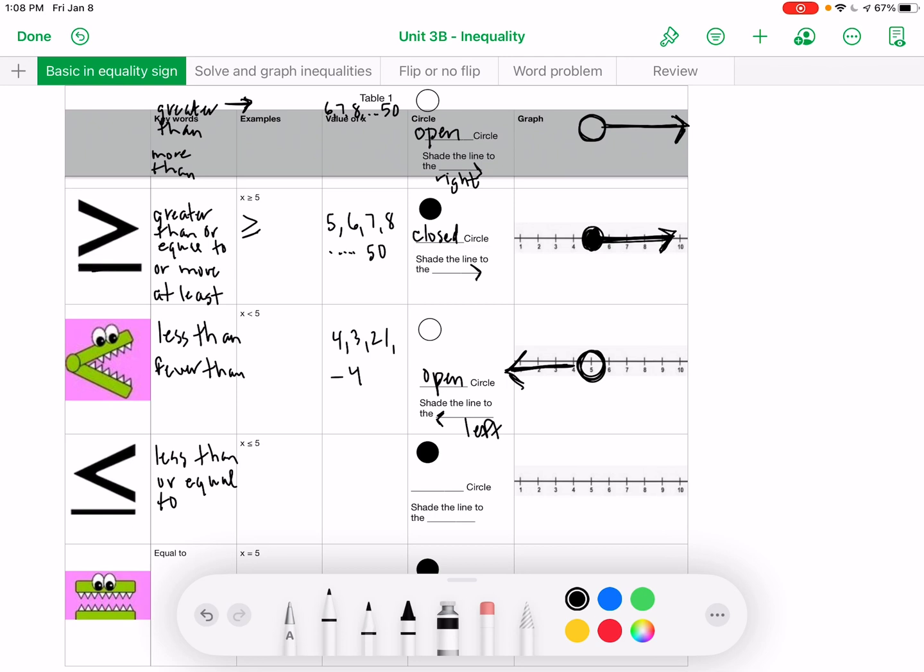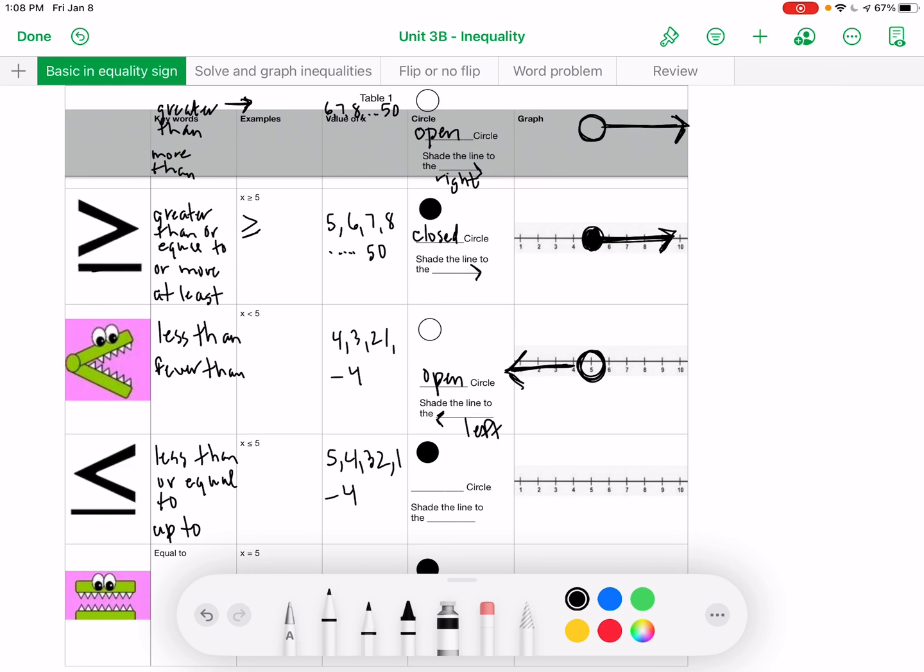We could also say up to. X is less than or equal to 5. So if X is less than or equal to 5, that means it could be 5, 4, 3, 2, it could be 1, it could be negative 4, and so on, right?